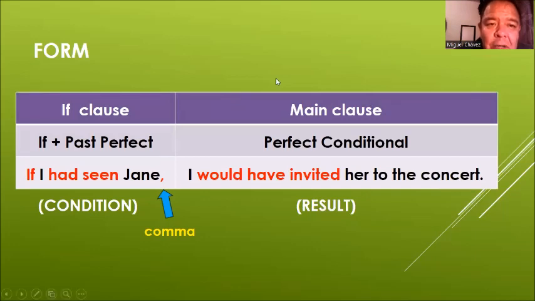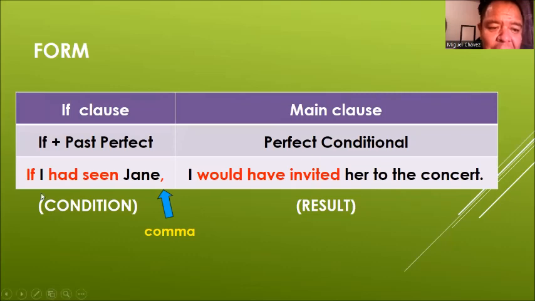Remember that the form of a conditional sentence is the if clause and the main clause. We are going to have two clauses to form it. We are going to write after if the past perfect, and for the main clause, we are going to use the perfect conditional if we talk about the third conditional.